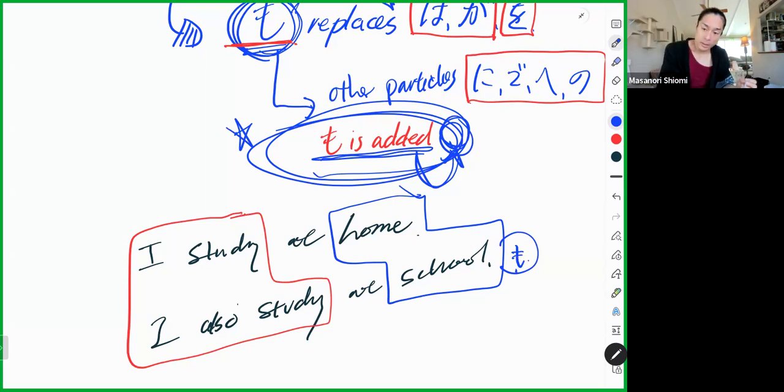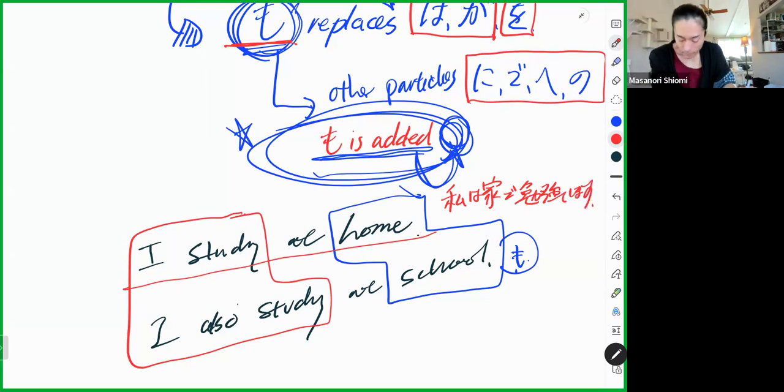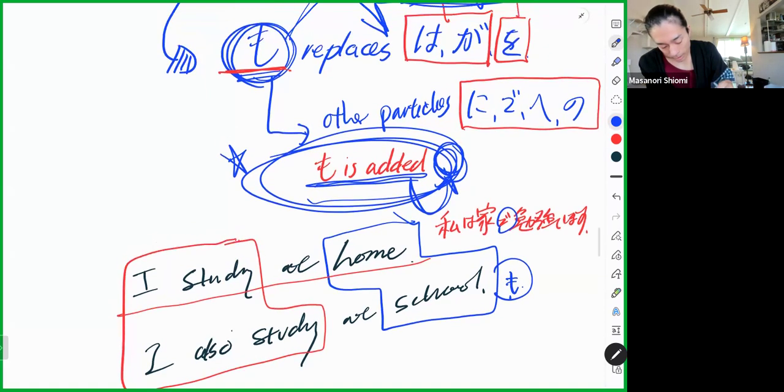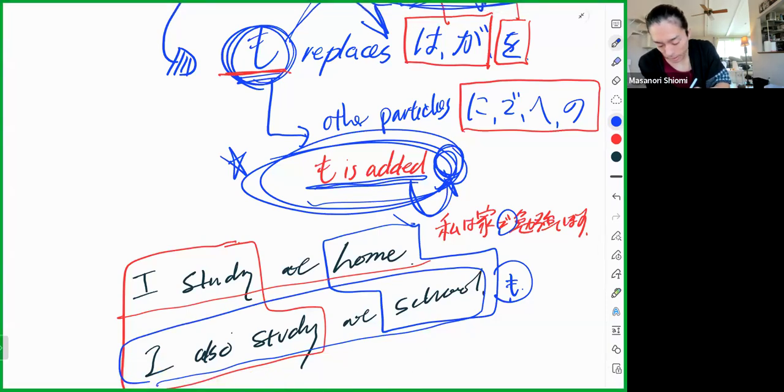But then here, when we try to translate into Japanese, right? I study at home. 私は家で勉強します。We use the particle で, right? Place of action. This one too, we do need the particle で, place of action, at school, right?